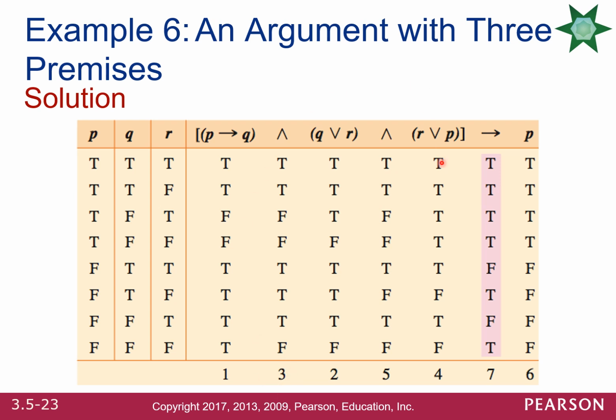And then for the fourth step, we evaluate R or P. And then for the fifth step, we evaluate this conjunction.